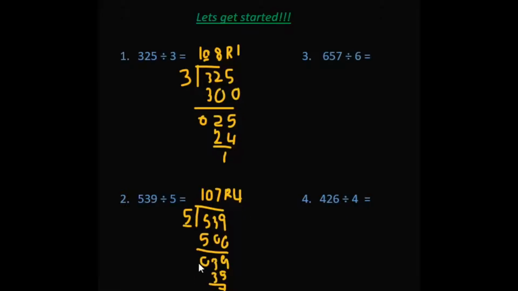Whatever number you have over here, if the remainder is greater than that, something is off. Now let's move on to the next problem because we got an answer here.